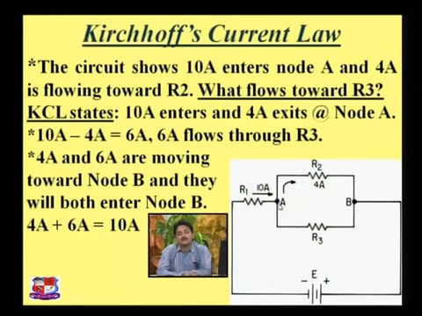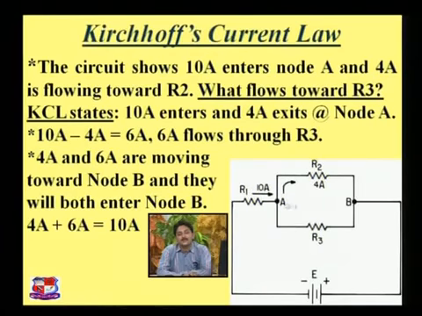According to KCL, the current entering node A, that is 10A, is equal to the current going out of node A, that is 4 ampere. So 10A minus 4A equals 6 ampere. So the current flowing toward the resistor R3 is 6 ampere.